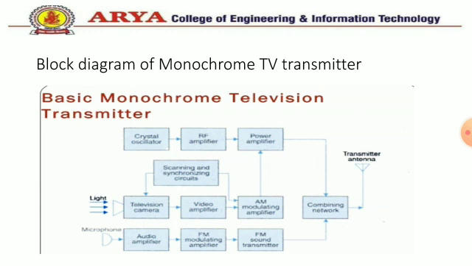Whatever electrical signal has been converted by the TV camera should not get fragmented, it should be synchronized, so there is a scanning and synchronization circuit connected to the TV camera as well as the AM modulating amplifier circuit. So this is the video section. One thing we should know: the bandwidth of the video section in a monochrome TV transmitter is about 5 megahertz.